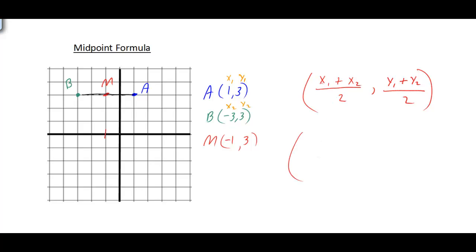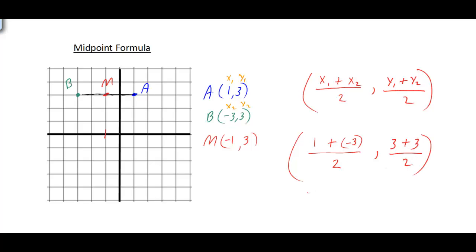So here we take our x1, which is 1, plus x2, which is -3, and divide by 2. And then our y1, which is 3, plus our y2, which is 3, and divide that by 2.